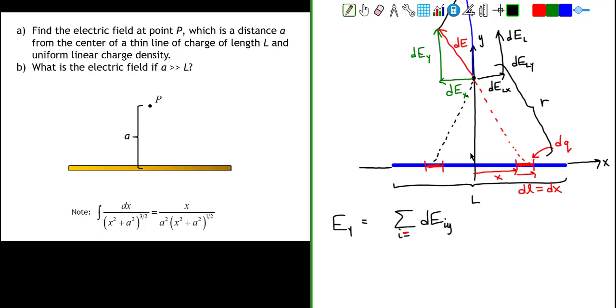So let's say we have n elements. So we have to sum up all of those n elements. And since this is infinitesimally tiny, we're going to have an infinite number of those elements. So in summing up an infinite number of tiny charge elements, we end up with an integral.